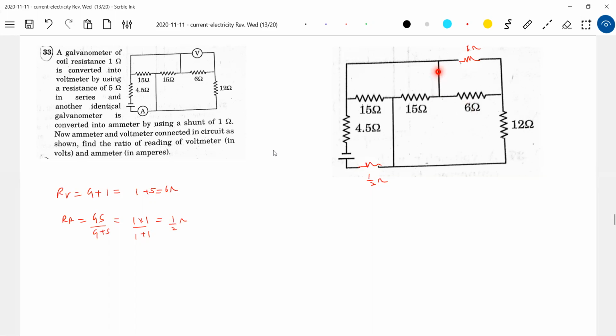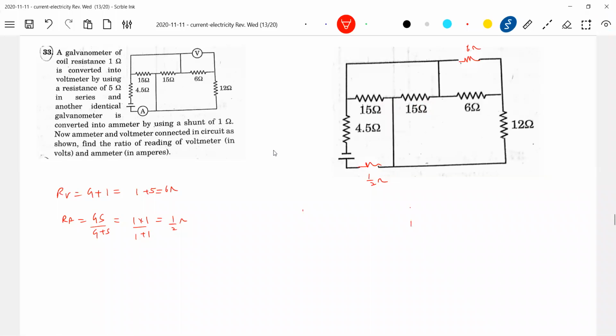Okay, and this wire is like this. This will be 3 ohm. It will become 3 ohm and 12 ohm. This will be 15 ohm, and this 15 ohm, and this 15 ohm. I think all these three will become parallel with the 0.5. I'll draw the equivalent circuit.